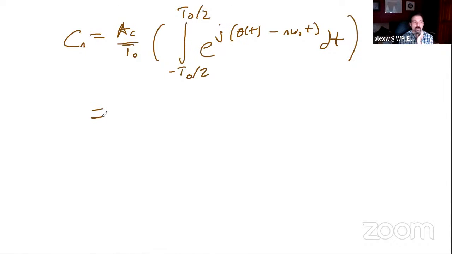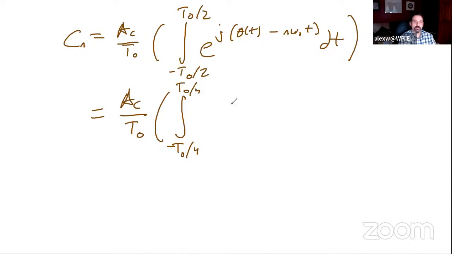I would cut this up into the following limits of integration: t naught over 4 to t minus t naught over 4 to t naught over 4.